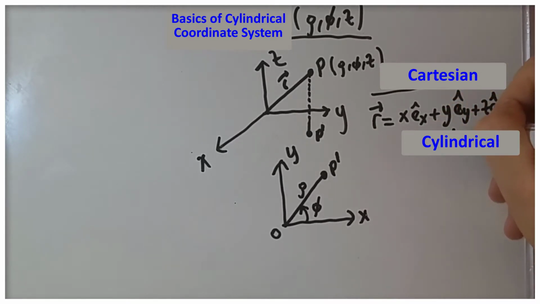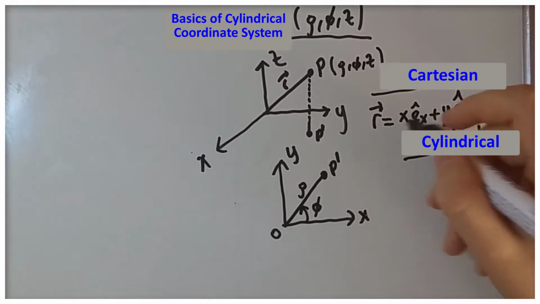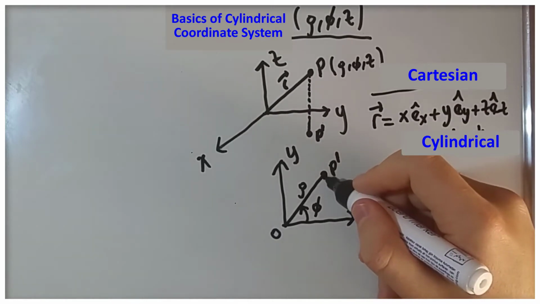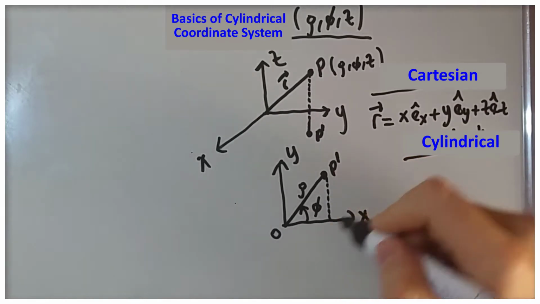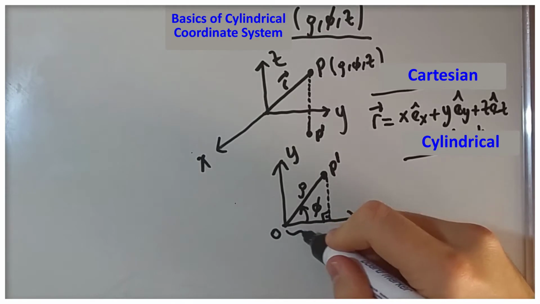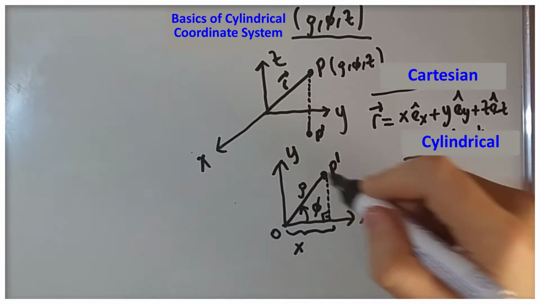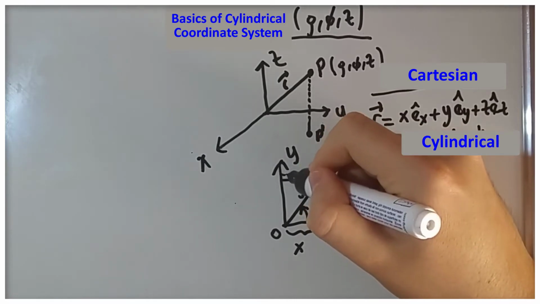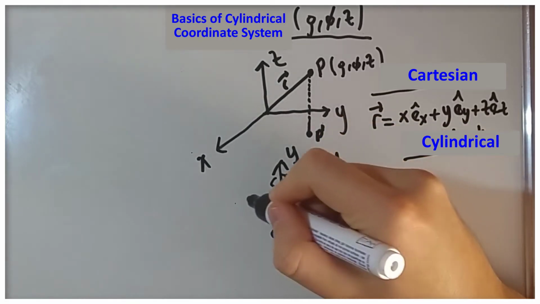Let's see how we are going to make it cylindrical. I'm focusing on it now. Look, I see an x here, the place representing x. When I go down perpendicular to this, this is x.